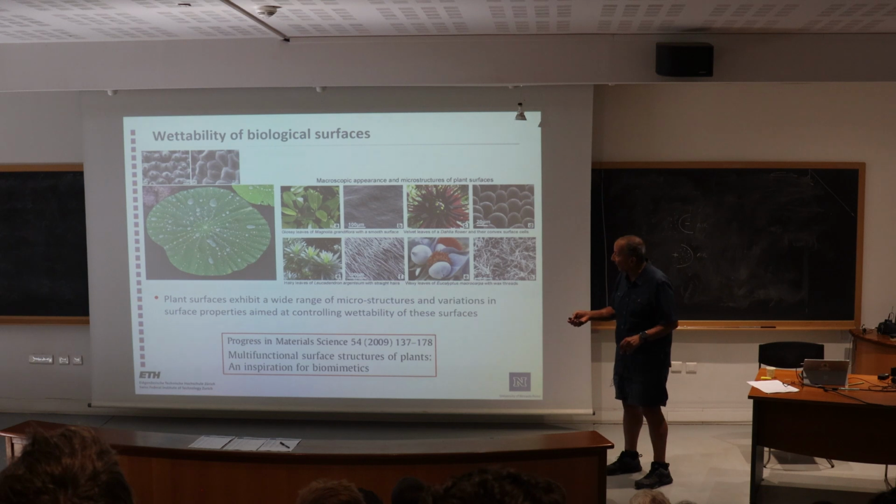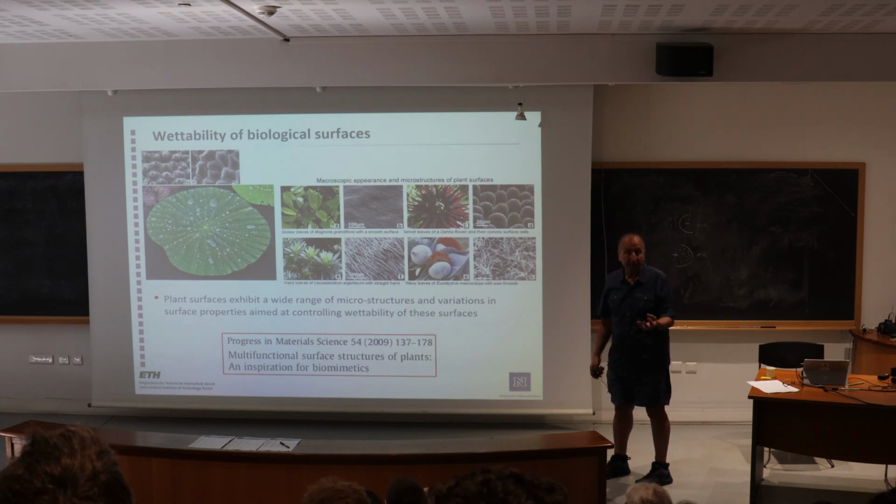A good example is the lotus leaf, which, through special wax pillar structures on its surface, allows droplets to roll off the leaf and actually clean it of dust. So this is really a nice dust cleaning mechanism.